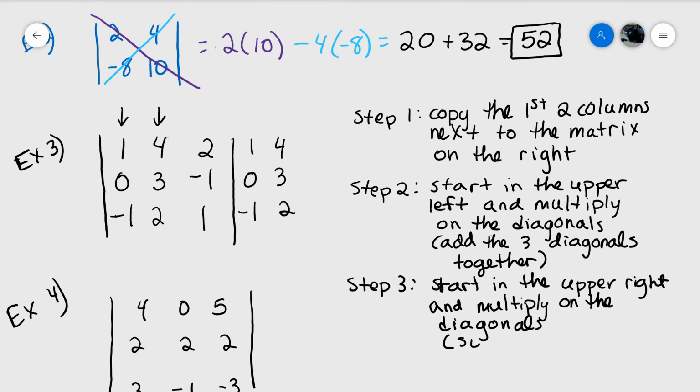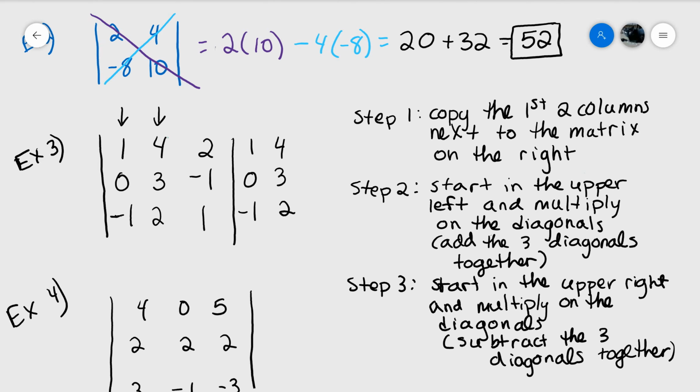But you're going to subtract the 3 diagonals this time. And again, it'll become more clear once we do the example. All right, so pause now if you need time to copy this down.